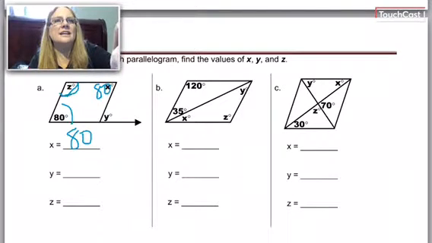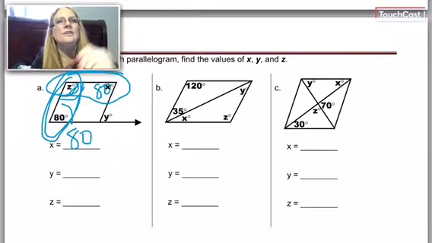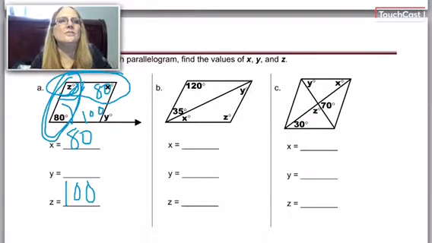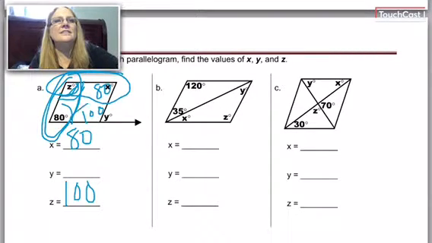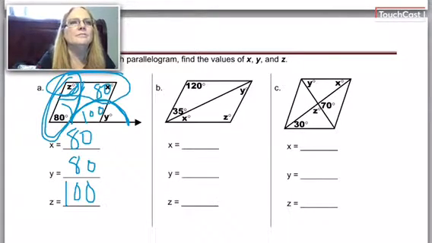Z, this is a consecutive angle. These two are consecutive, and these two are consecutive, so they have to add up to 180. So that is 100 for Z. And then that would make this angle 100. And then this exterior angle over here would be 80, because we have a linear pair.